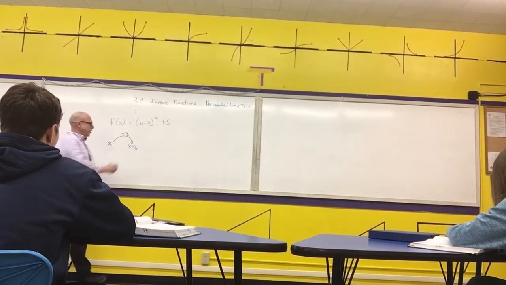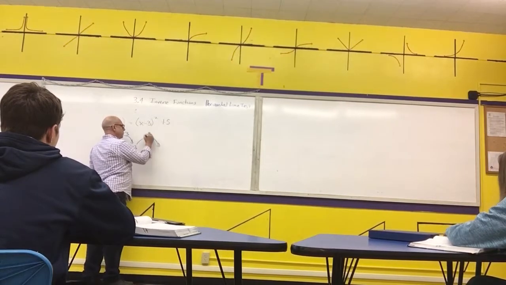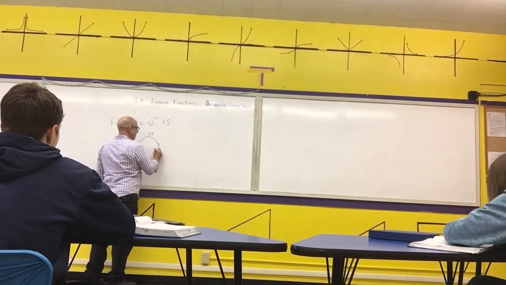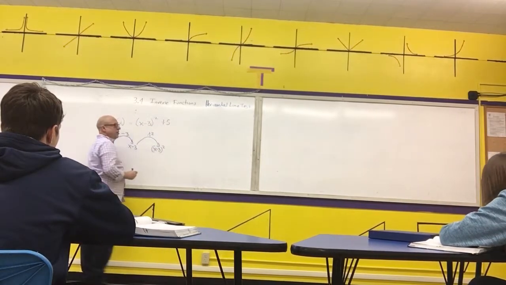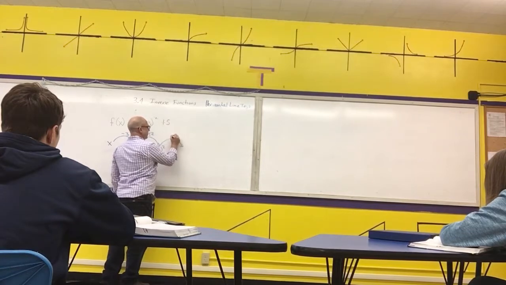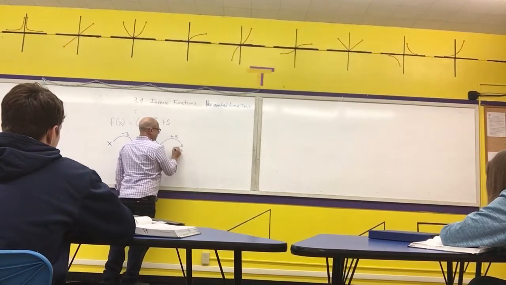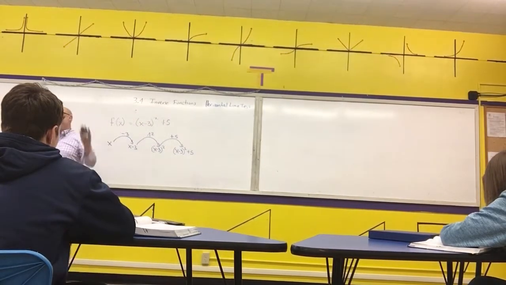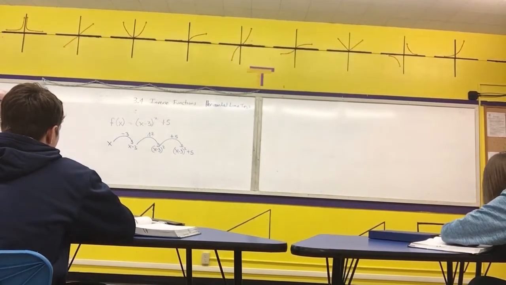You're going to square it. And that would leave you with x minus 3 quantity squared. Then what are you going to do to it? Then you're going to add 5. Okay, so that's the order that I would do something to evaluate.